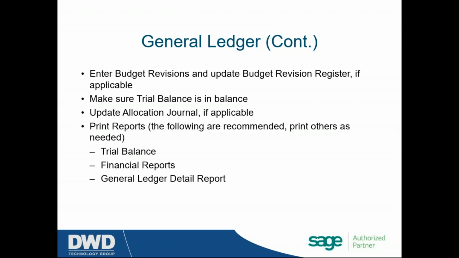If you have budget revisions, update the budget register. I will tell you there is an option, I think, on the budget tab in the general ledger options that has a checkbox that says to create the current budget from the current year actuals. You may want to make sure that that is turned off if that is not what you want to do, okay?